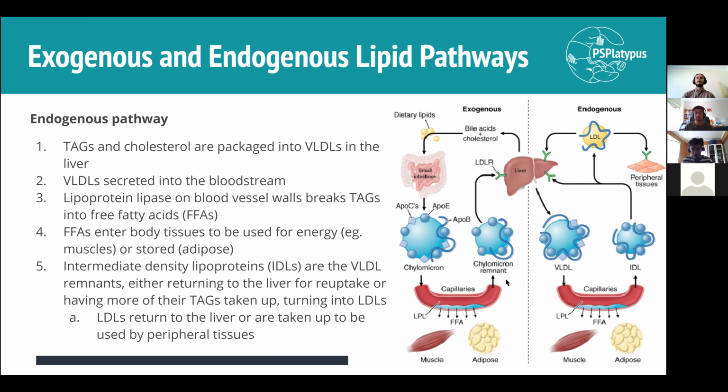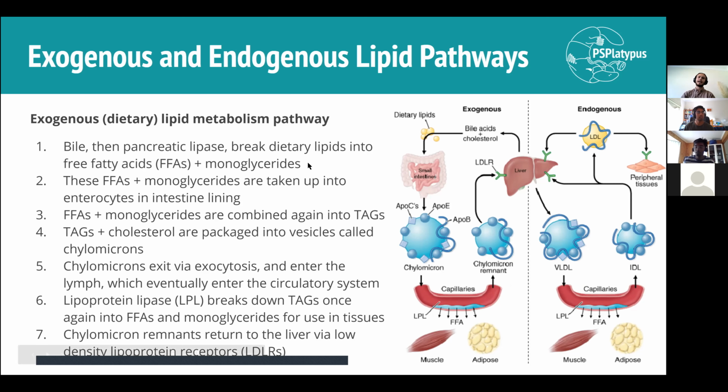Okay, and so that was the exogenous pathway. That's the pathway from outside. So when you're consuming new energy, it's entering your body from the outside and you're metabolizing that.